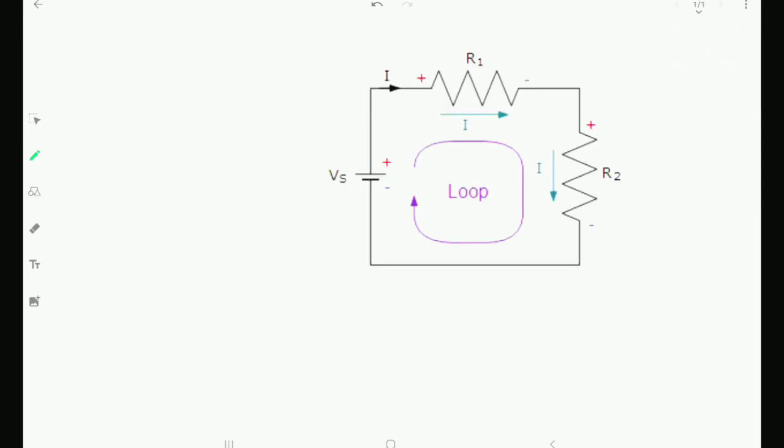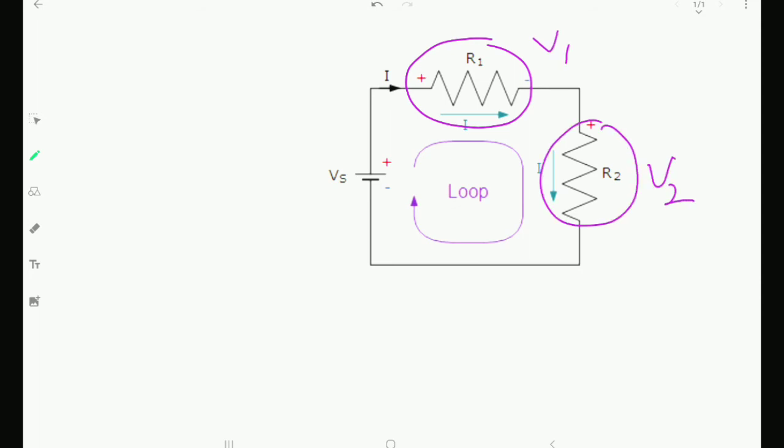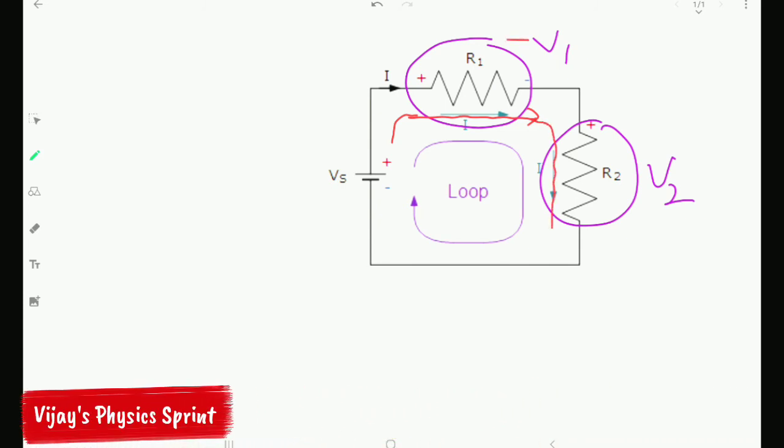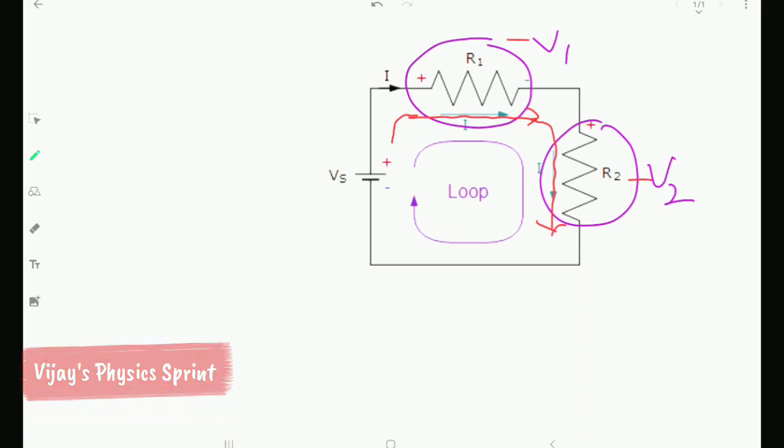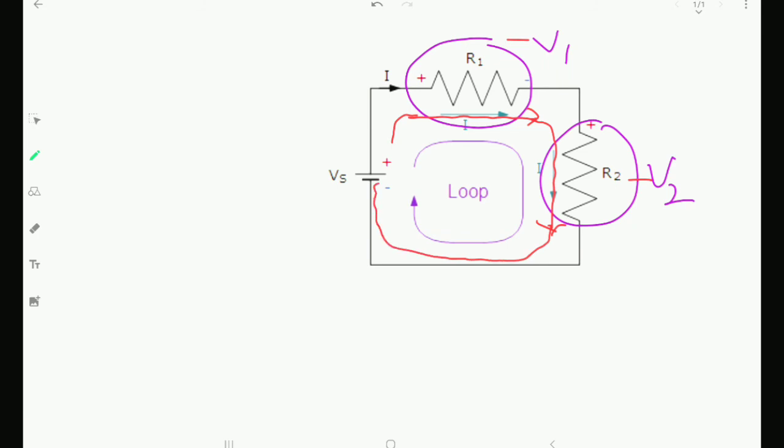Then how can we apply this Kirchhoff law to the given circuit? Just now I said that across the first resistor it is V1 and across the second resistor the potential difference is V2. Now you are moving from the positive plate of the battery, or high potential, in the direction of the current, so V1 is negative, and across the second resistor in the direction of the current V2 is also negative, and the current flows from low potential to high potential across the battery, so this is positive.